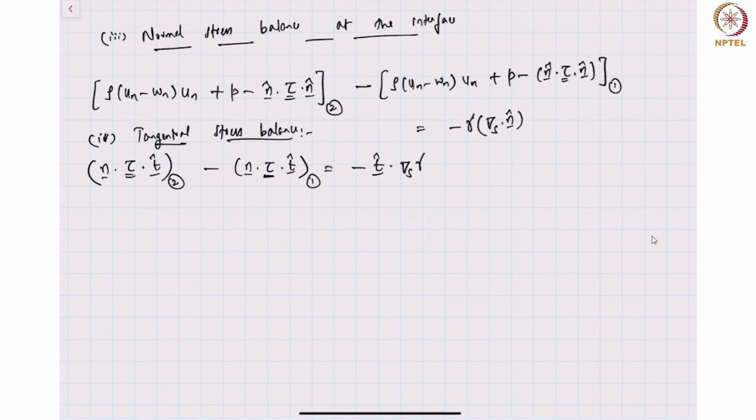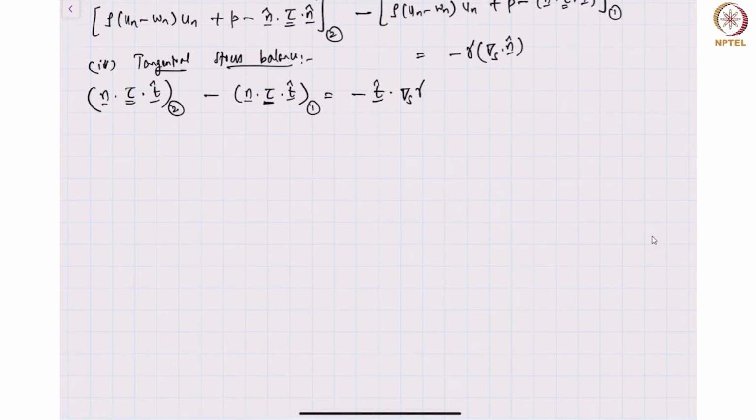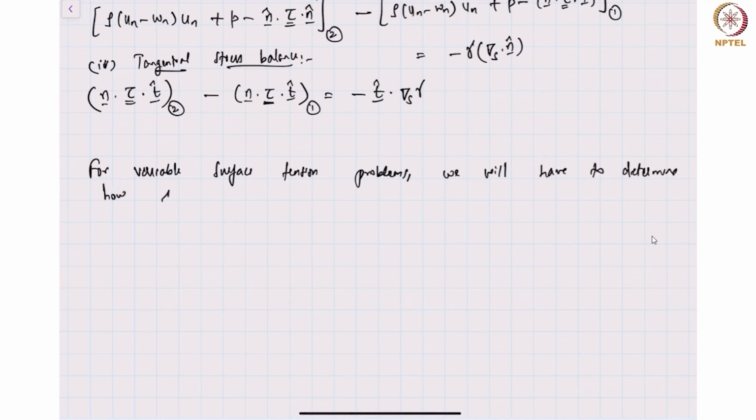We will need to know how surface tension itself is varying in space. For example, for variable surface tension problems, we will have to determine how surface tension is changing with position.